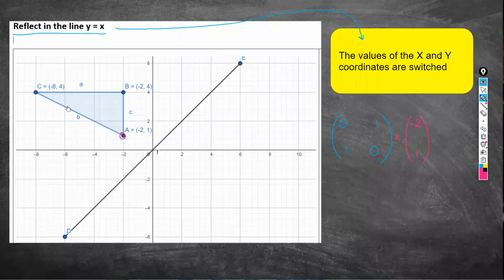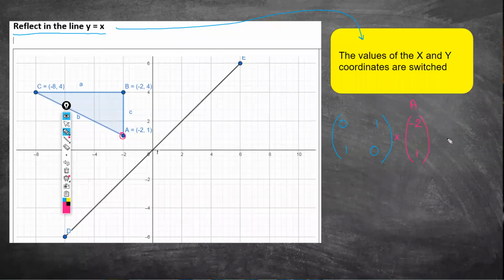Let me put A on top so you remember that this is A. I want everyone to take this blue matrix and multiply it by the pink matrix. Let's do it the hard way first, right? And let's see what happens when we do that.